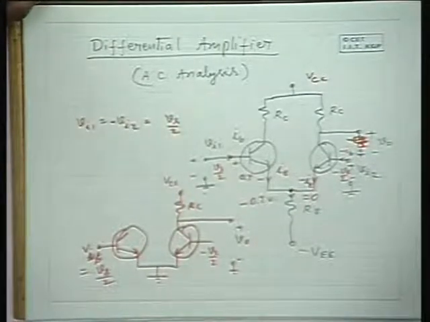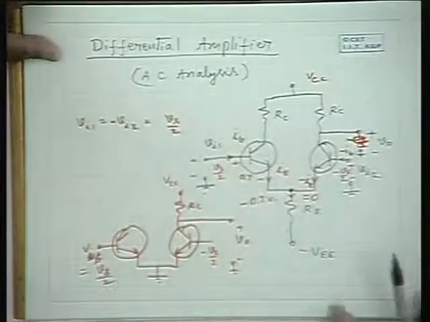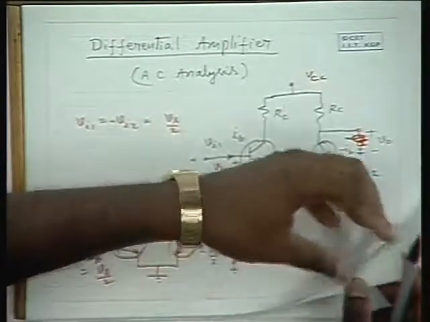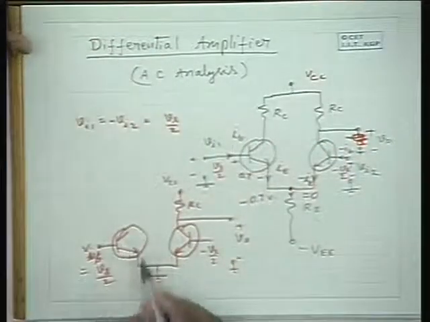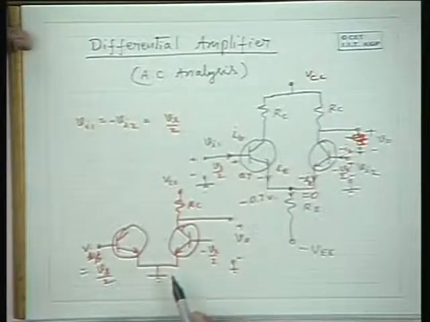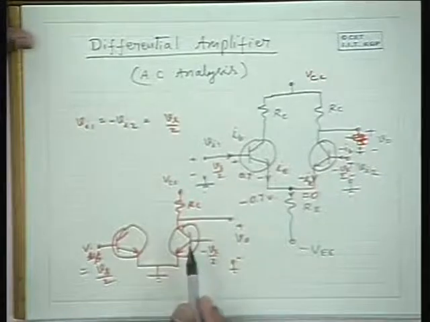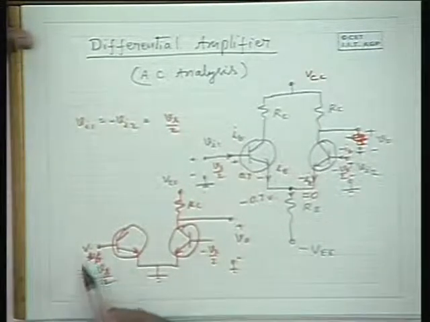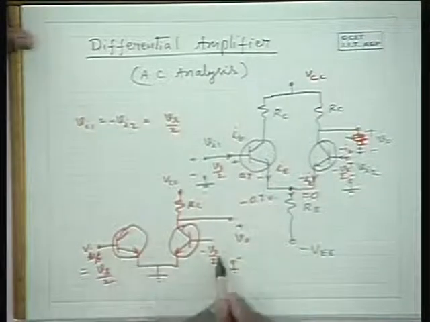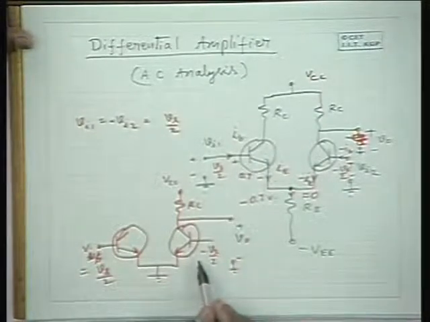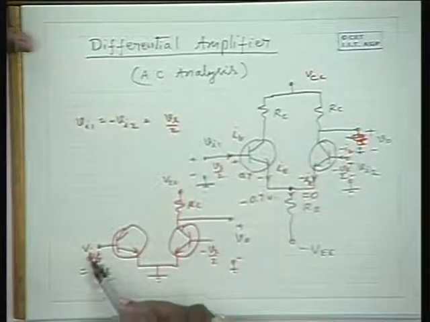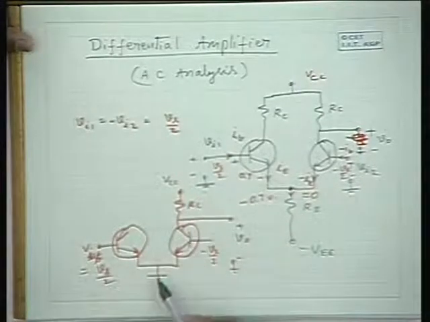Now, if you draw the equivalent circuit of this particular circuit, we find that these two stages are now isolated, because this is connected to the ground, and whatever signal is applied here, the same signal is applied here with opposite sign. That way these two are connected, but please note that this side current does not affect this side current.